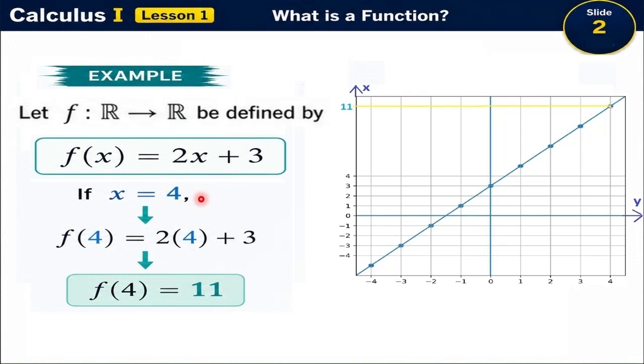If we substitute x equals 4, we obtain f of 4 equals 2 times 4 plus 3, which equals 11. The key idea is that every input must correspond to exactly one output. This property is fundamental to everything we will study in calculus.